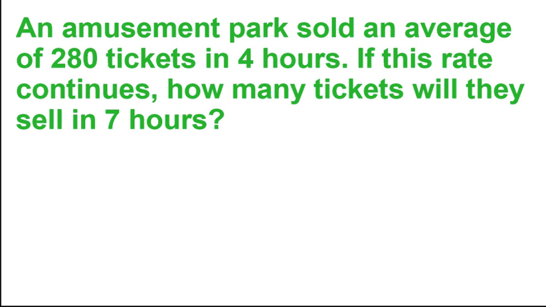The other thing that the ratios and proportions can be used for is making predictions or estimates by taking something done in one time frame and expanding it to say, like, oh, how much could they do in this time? So that's what we got here. 280 tickets in 4 hours. How many tickets in 7 hours? Well, it's a pretty easy proportion to set up, right?